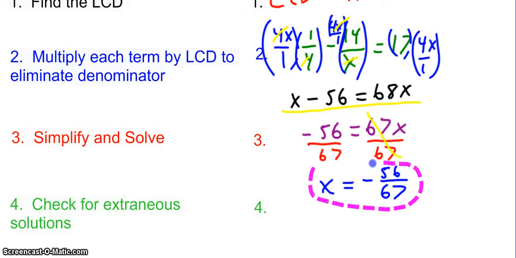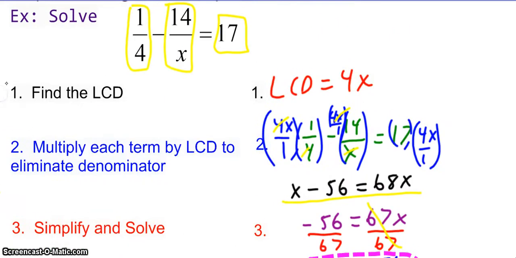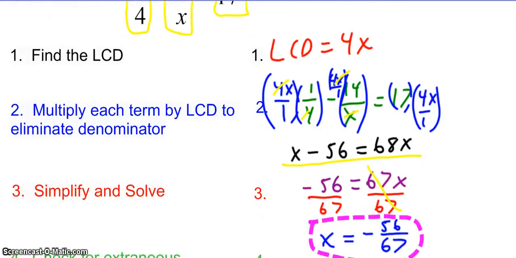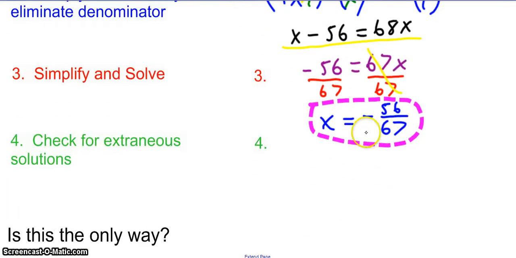Now, the last step we have when we're solving a rational equation, and this is only with rational equations, or, well, it'll come up in other situations as well, but specifically it is not with linear equations. So if the initial problem is a rational equation, which again remember means we have fractions, specifically variables in the denominator, then we have to check for extraneous solutions.